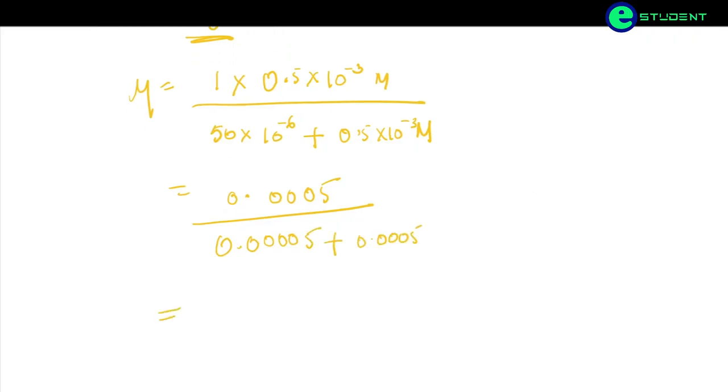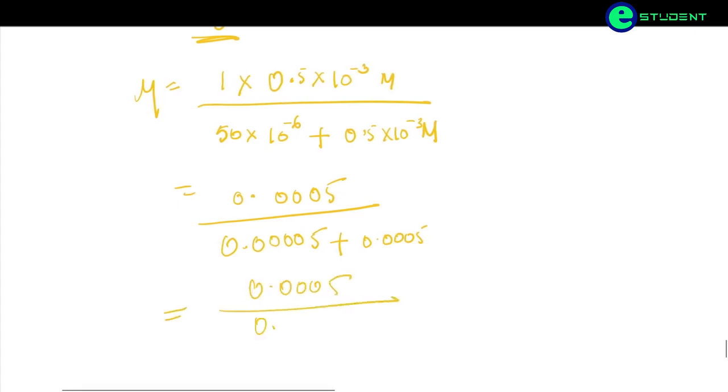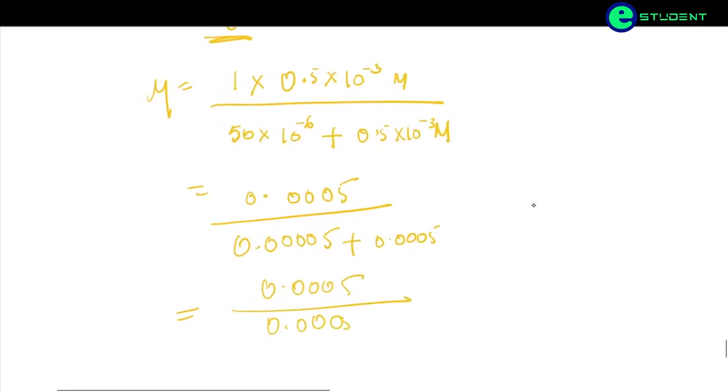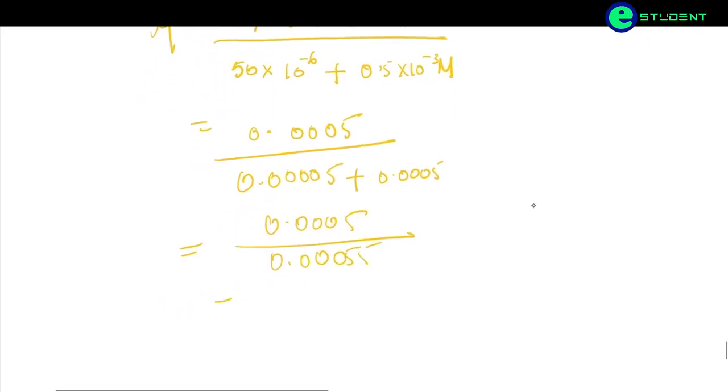When we solve this, we get 0.0005 divided by 0.00055, and the answer is 0.90. So this is the mu before mutation.